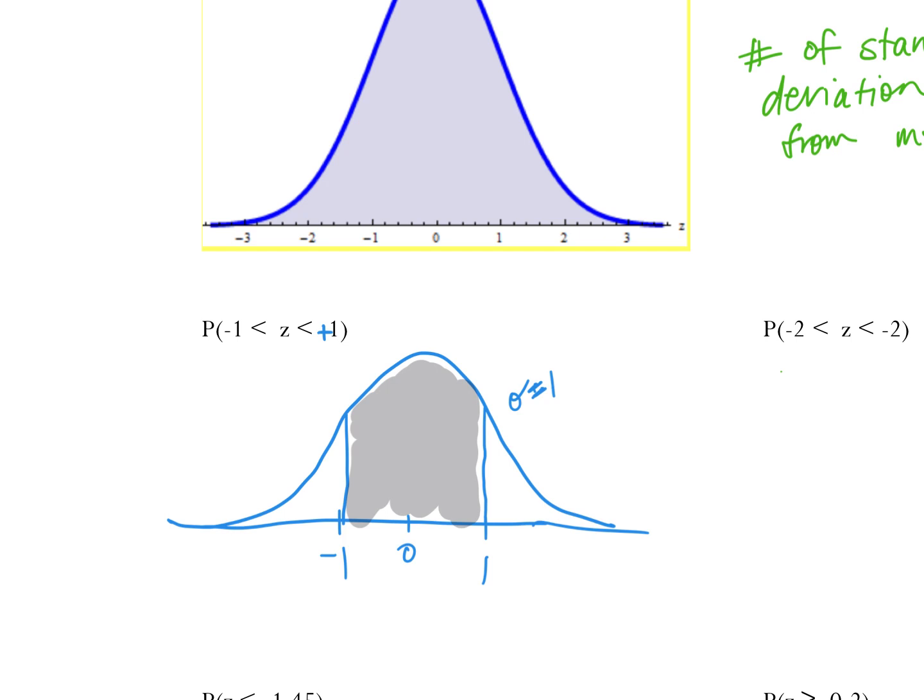The next symbol is supposed to be that curly mu for the mean. What's our mean right now? 0. And then the standard deviation is 1. That should be what your calculator automatically fills.